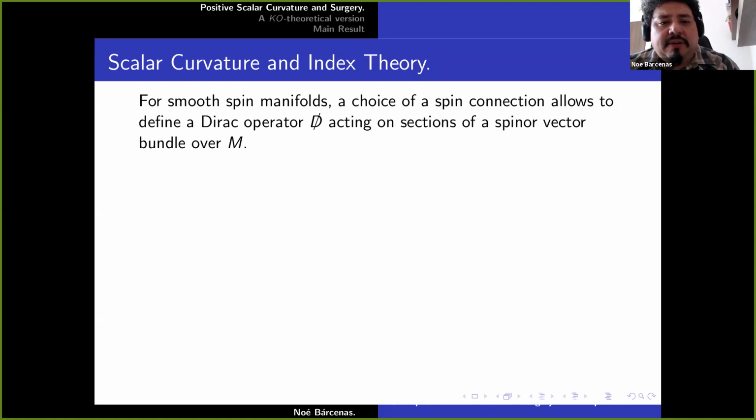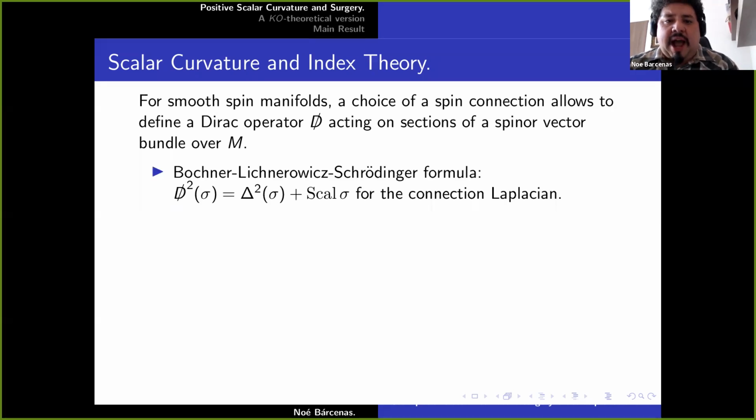If you consider smooth spin manifolds, and you make the choice of a spin connection, then you can define a Dirac operator. This is the Atiyah-Singer operator. And then you can consider the action of this Dirac operator on the sections of a spinor vector bundle over M. Here is the crucial fact, the so-called Bochner-Lichnerowicz-Schrödinger formula.